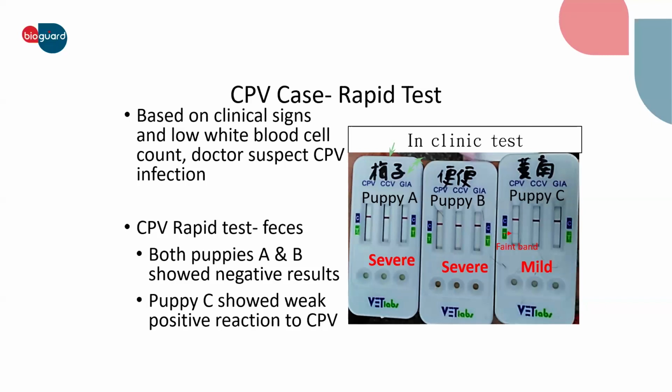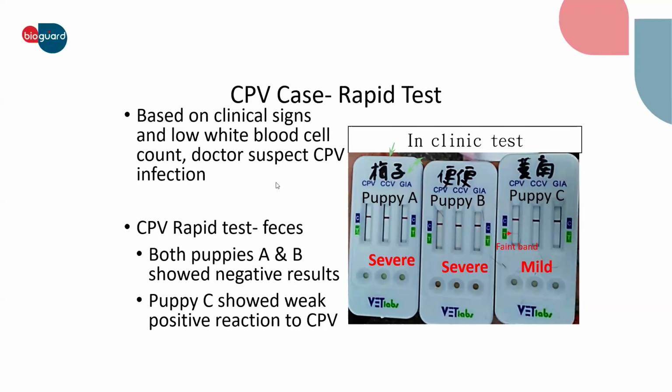So at that time, the vets called us and asked why the CPV rapid test in the severe cases of the puppies shows a negative reaction, and in the mild case shows a positive reaction.